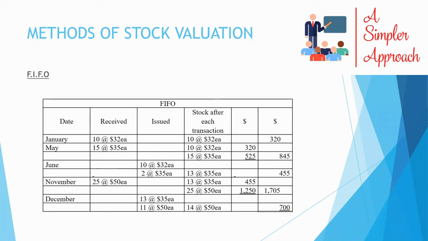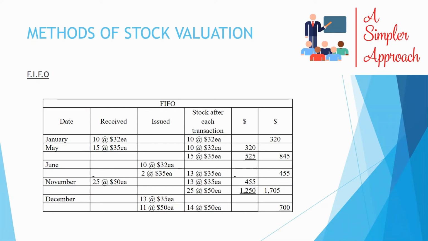Let's go at that again. 24 units is the amount to be sold. Using FIFO, I am going to sell this 13 at 35 first. This is left over from June. This is the item I bought first. So I'm going to sell this 13 at 35. See there? Right in the issued column.